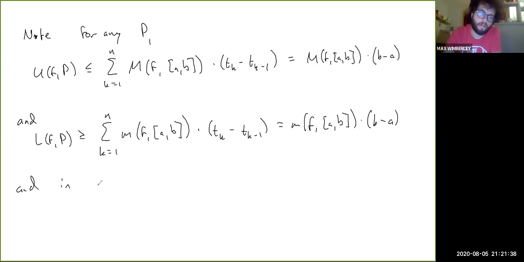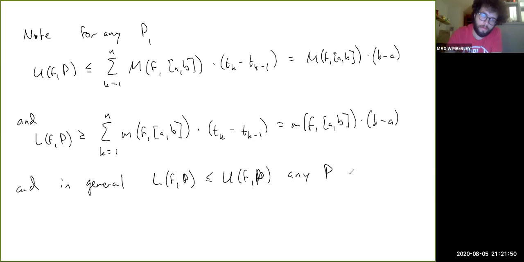And in general, L of f, P is less than or equal to U of f, P for any P. So basically, all the upper and lower sums are bounded, right?